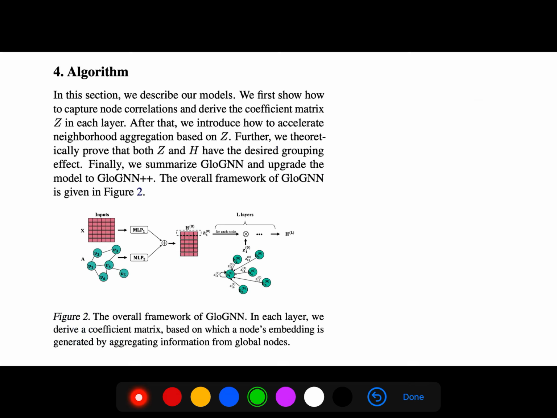We first show how to capture node correlations and derive the coefficient matrix Z in each layer. After that, we introduce how to accelerate the neighborhood aggregation based on this correlation coefficient Z.